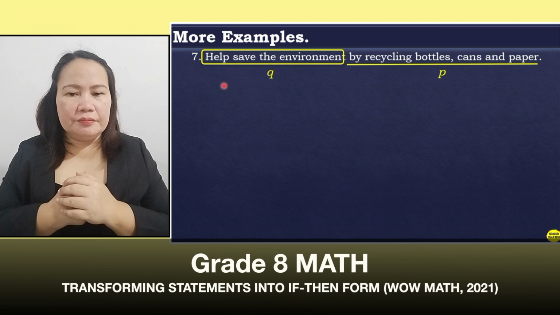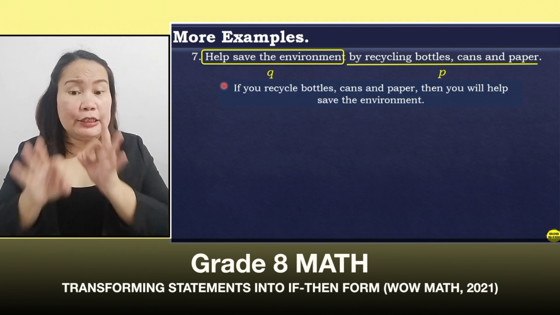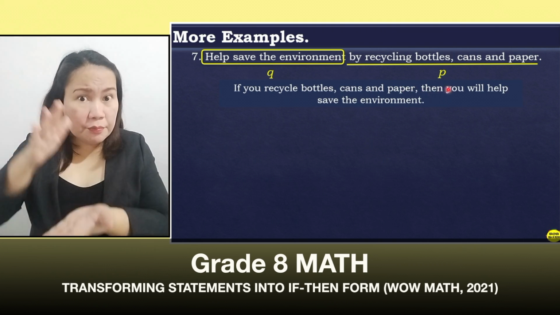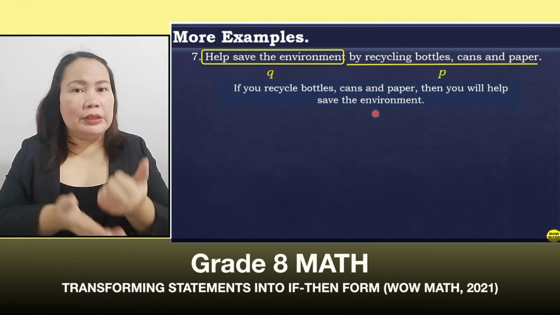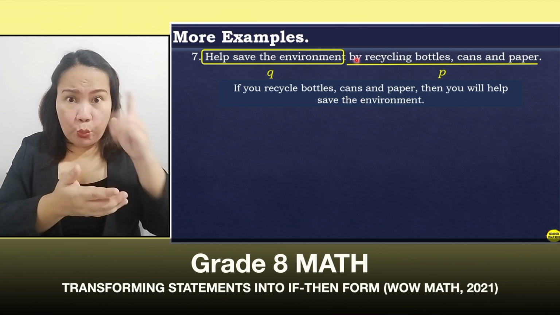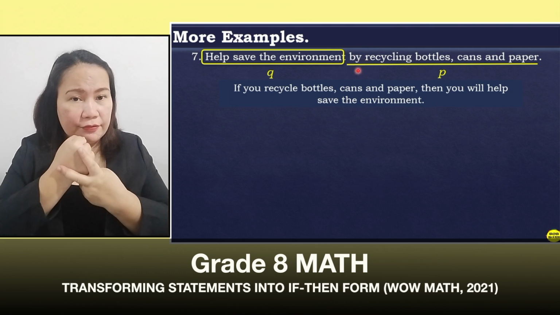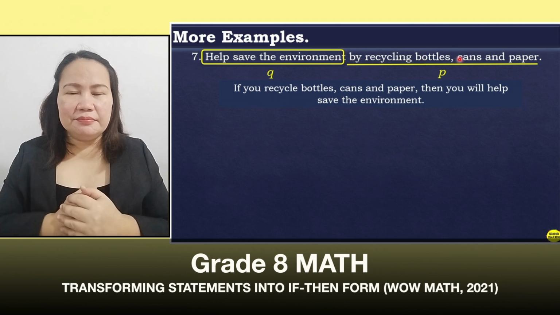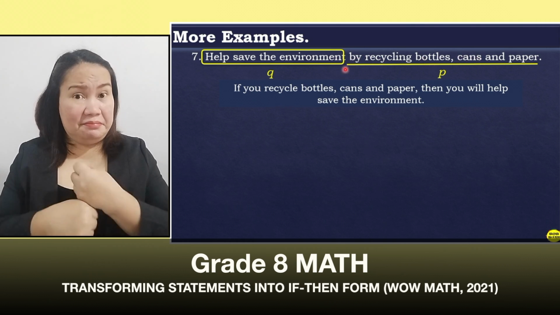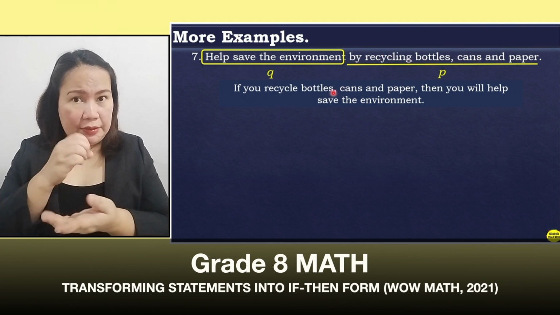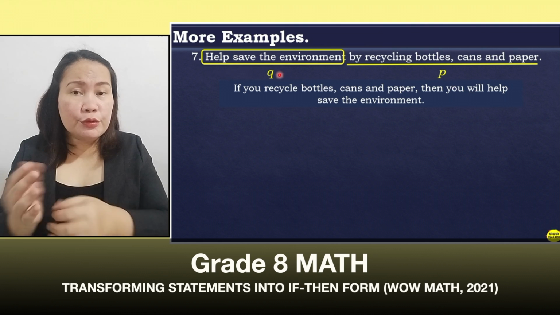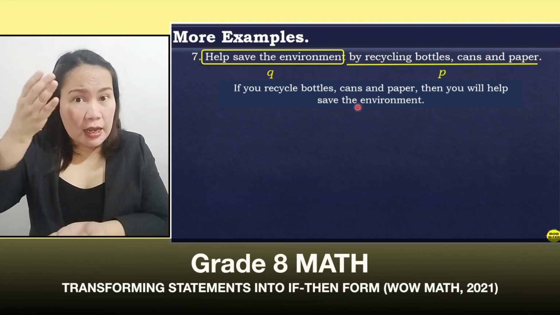Now, write natin, if you recycle bottles, cans, and paper, then you will help save the environment. Okay, so lagay lang po tayo dito ng if dun sa ating hypothesis, and then make sure to construct your statement correctly. If you recycle bottles, ayan, then you will help save the environment. Next.